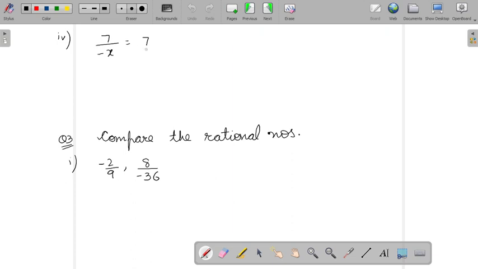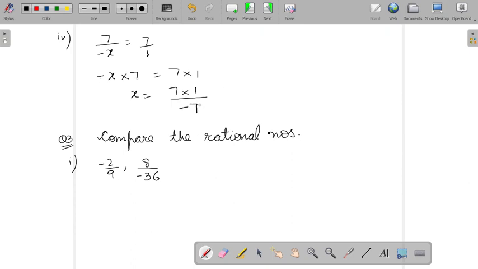In the fourth part, this is 7, so write it 7 upon 1. Now the same procedure: minus x multiply 7 equals 7 multiply 1. So x would be 7 multiply 1 upon, see, the minus sign is also there, so minus into 7, so minus 7.